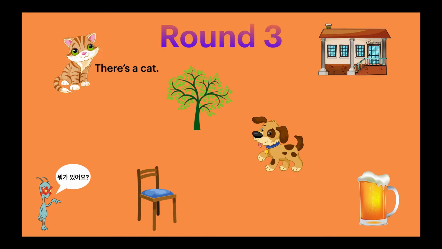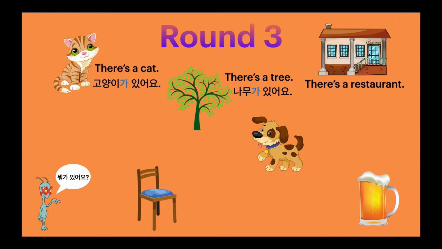Let's start with, there's a cat. 고양이가 있어요. There's a tree. 나무가 있어요. There's a restaurant. 식당이 있어요.